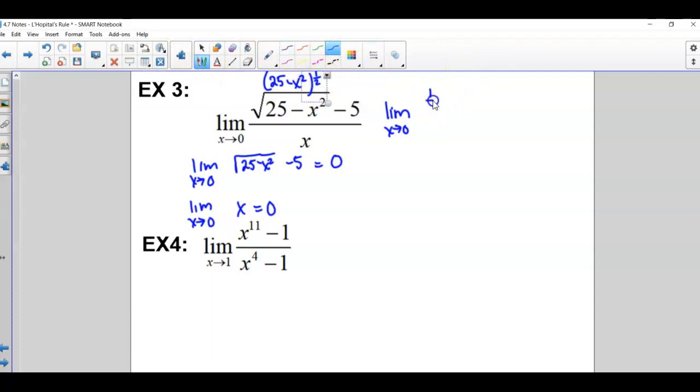So we would have 1/2 times 25 minus x squared to the negative 1/2. And then we'd have to multiply by the derivative of the inside, which would be negative 2x. Use a chain rule there. And then derivative of 5 is just 0, so it goes away. Over the derivative of x, which is just 1.